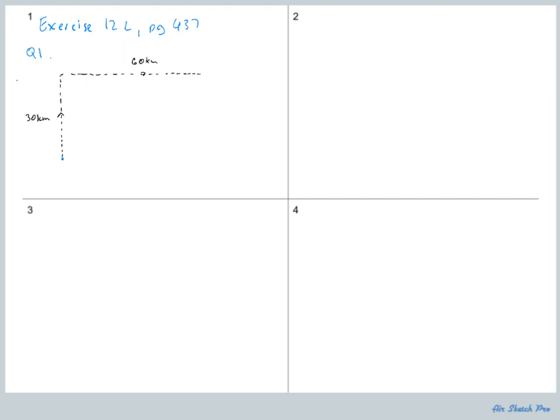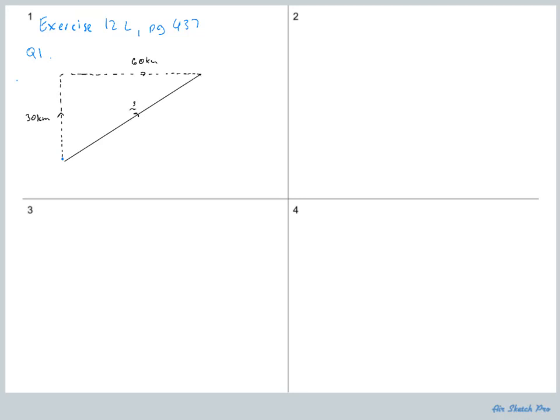Okay, so 60 kilometers east. And that means the vector itself is going to be something like that, which I'm just going to label as a little lowercase s vector.